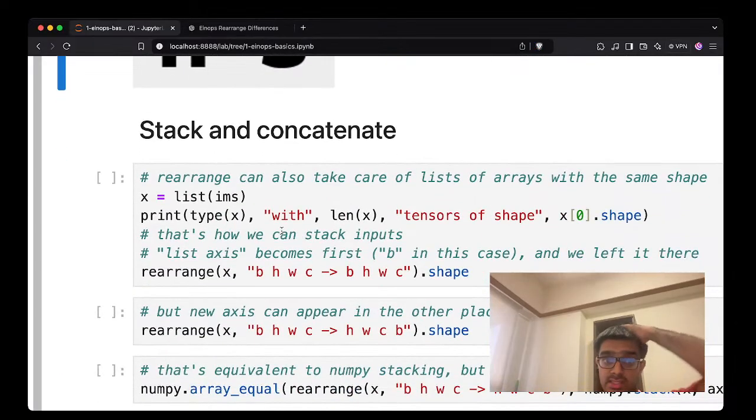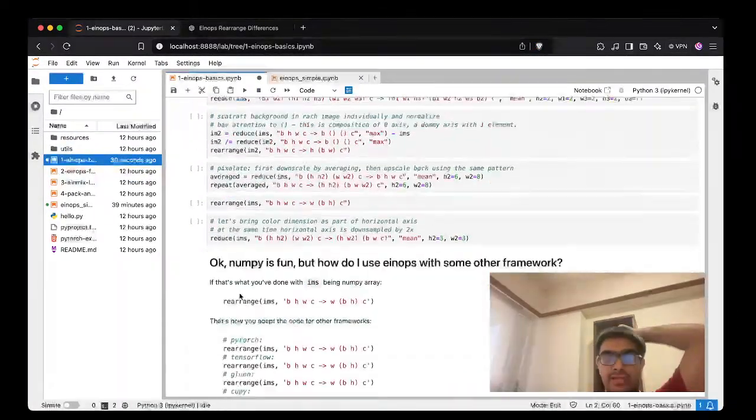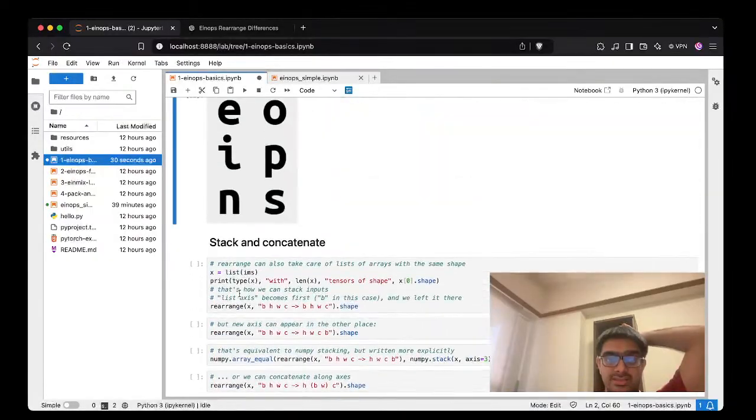Okay, that makes sense. Stack and concatenate. This is hard.